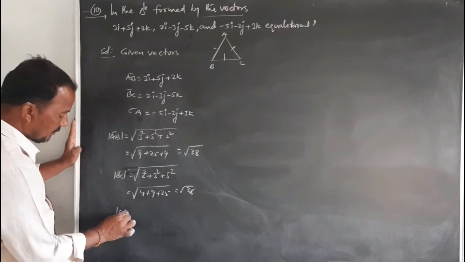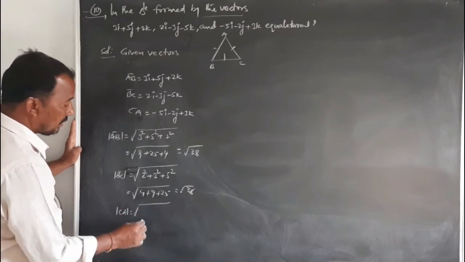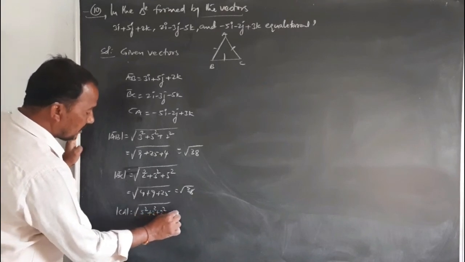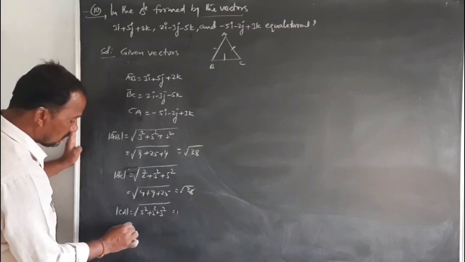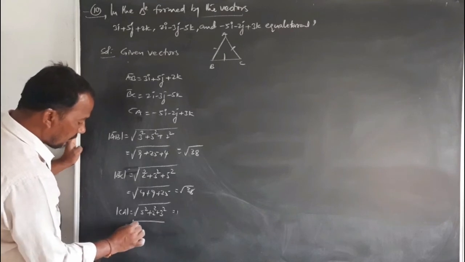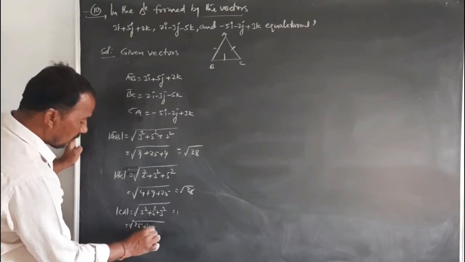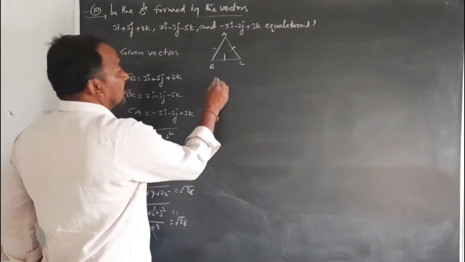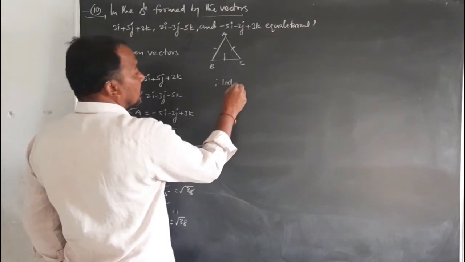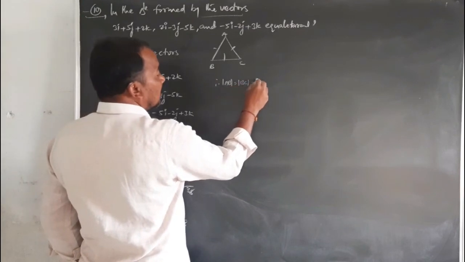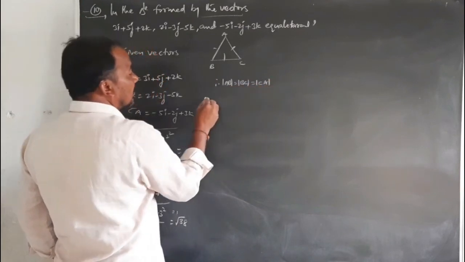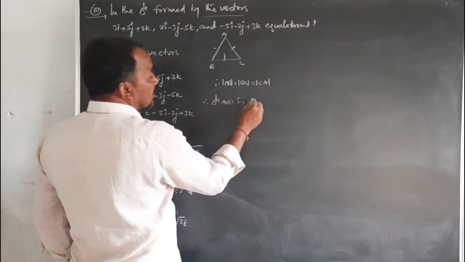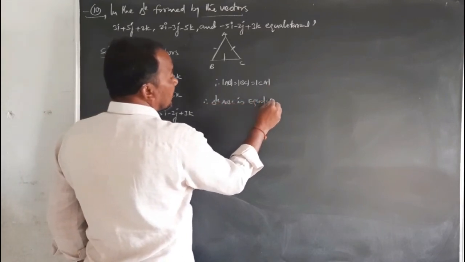Mod CA under root of 5 square plus 2 square plus 3 square, 25 plus 4 plus 9 equals root 38. Therefore mod AB equals mod BC equals mod CA. Therefore triangle ABC is an equilateral triangle.